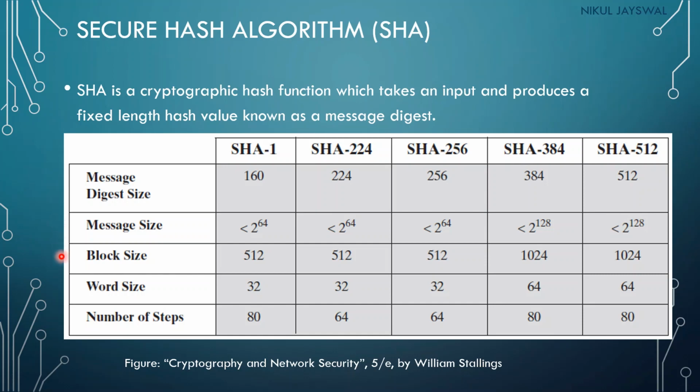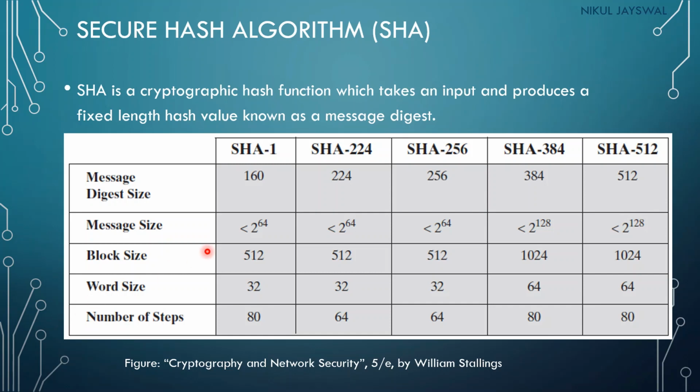Then block size, the size in which the algorithm will process, so the process will be done on that block size. Next is the word size, where we divide the block into words, and the number of steps, that means the total number of steps that will be performed for calculating the hash value.